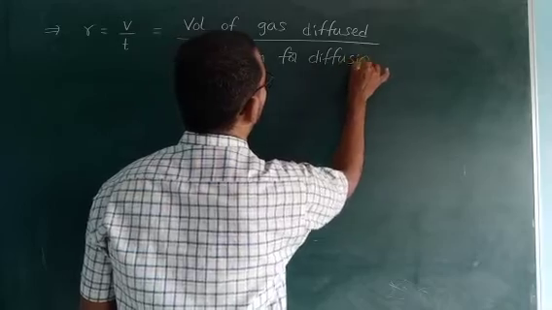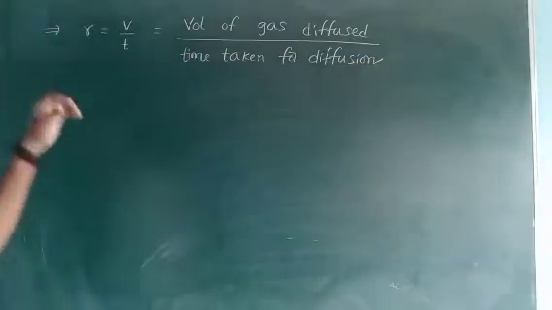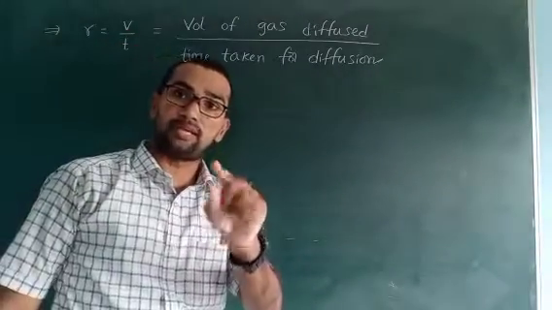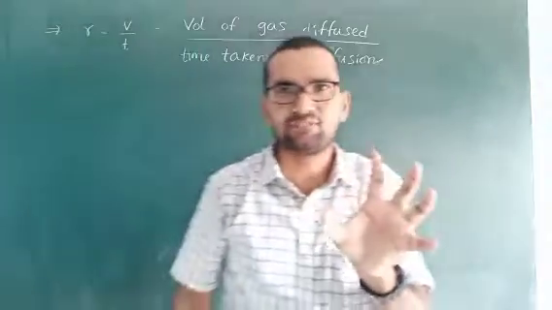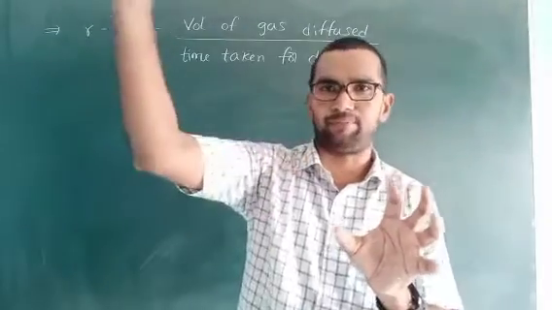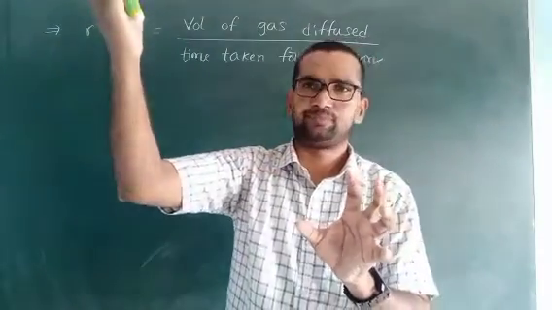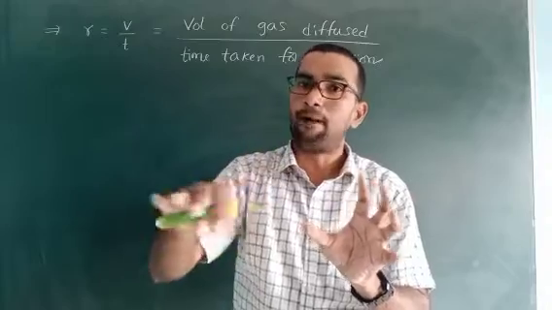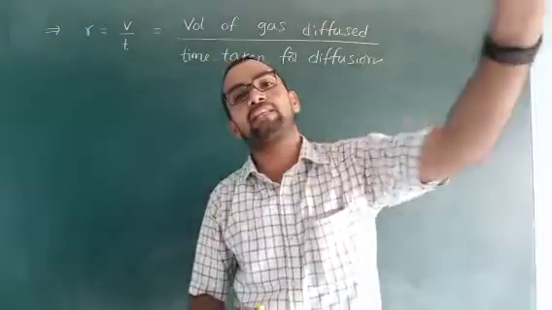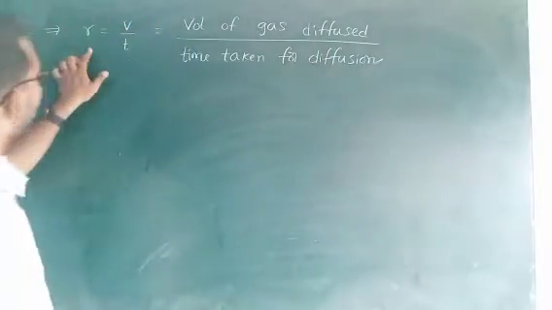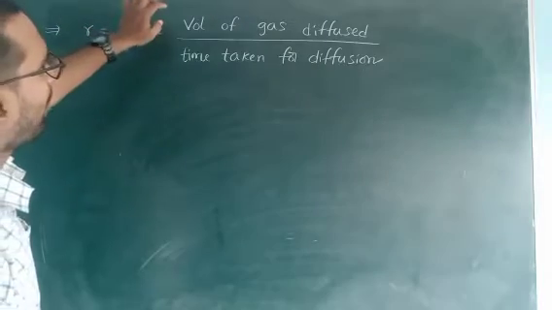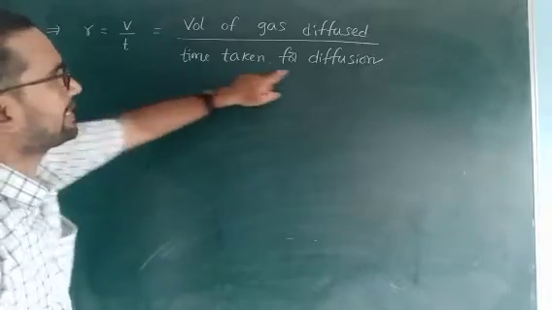So how much volume of gas is diffused or effused? You have to take both diffused or effused. For example, one gas is filled in a balloon. How much volume of the gas is escaped or effused from the small aperture, by the time taken for effusion? How much time is taken for that much volume escaping? This is the other definition for rate of diffusion: R is equal to volume of gas diffused by time taken for diffusion.